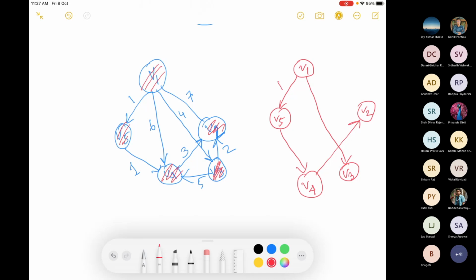Agreed? Yes, sir. Cannot be shorter than this. So now you see, from this single source, you have found out the shortest path to all the other vertices in the graph. Okay. So this is what the Dijkstra algorithm does.